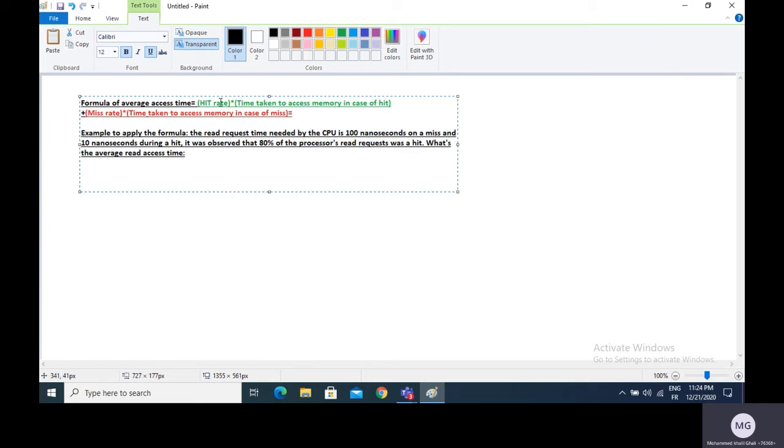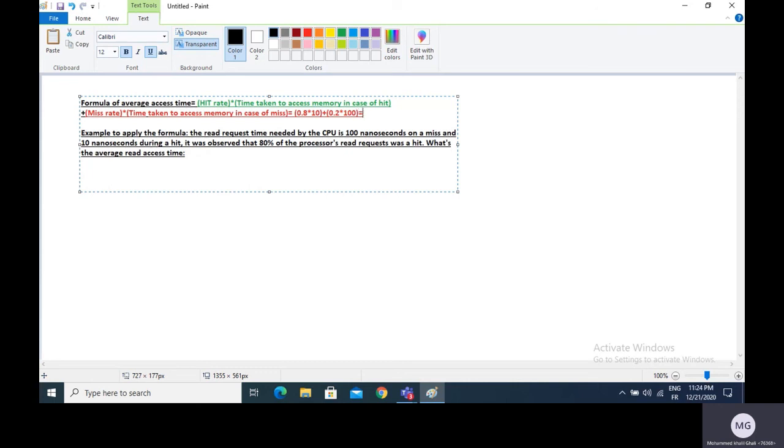So let's calculate that. The hit rate is 80%, which is 0.8, times the time taken to access memory, which is 10 nanoseconds. 0.8 times 10 nanoseconds, plus the miss rate, which is 1 minus 0.8, which is 0.2, times the time taken to access memory in case of a miss, which is 100 nanoseconds.